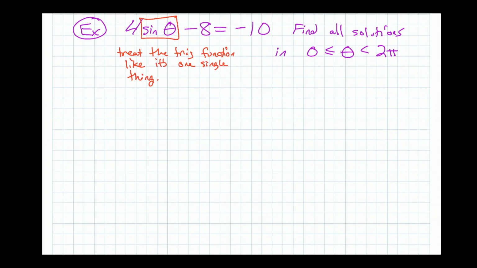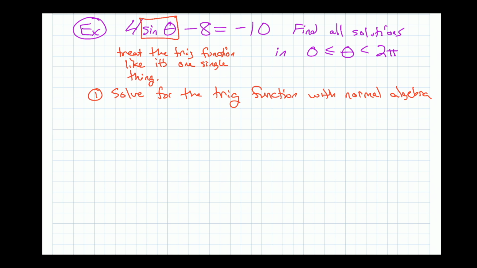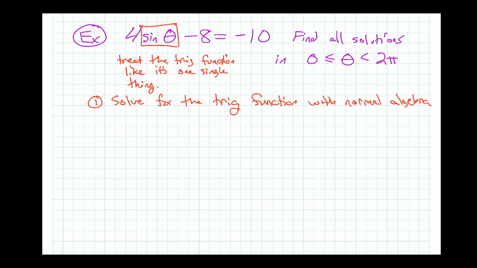So your first step is going to be solve for the trig function with just normal algebra. All right. So you just do exactly what I just said. You have 4 sine theta minus 8 equals negative 10.